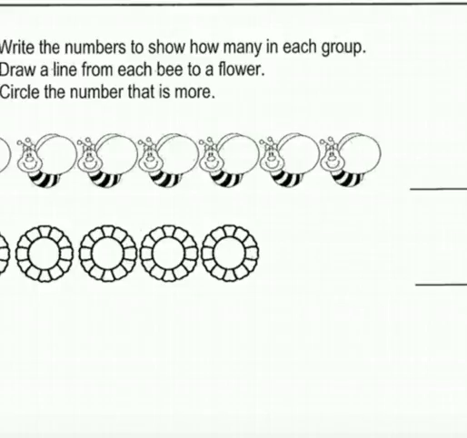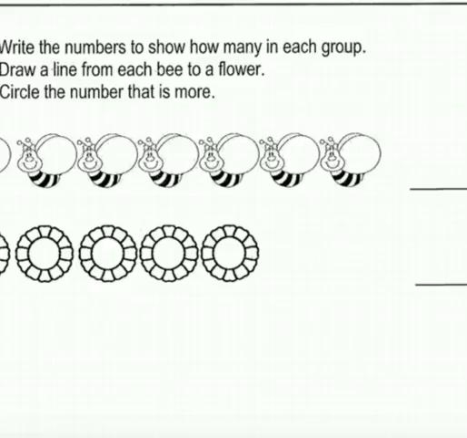Listen to the directions. Write the numbers to show how many in each group. So you're going to write the number to show how many are in this group of bees and put your number there that shows it. Then you're going to count the number of flowers here and put the number here.